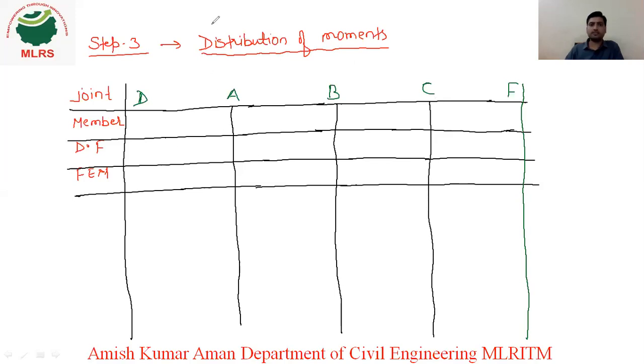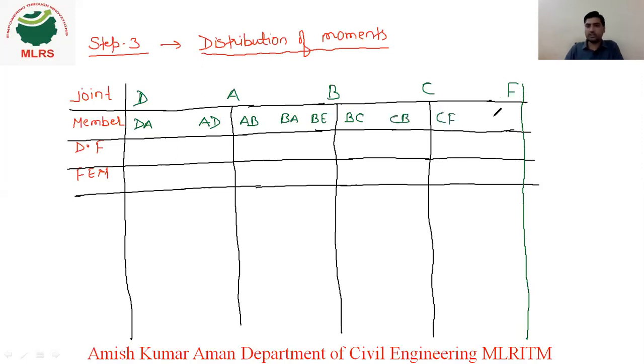Now we will write the members. So for the D, we have only DA member. But for A, we have two members, that is AD and AB. For B, we have three members, BA, BE, BC. For C, we have two members, CB and CF.